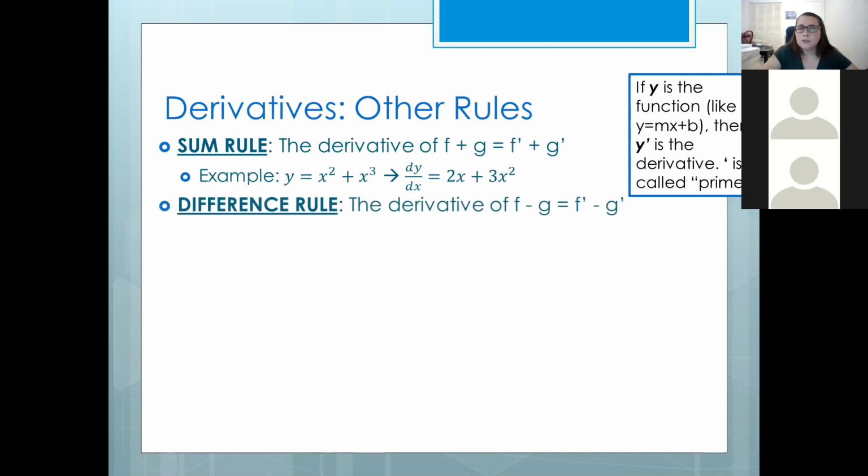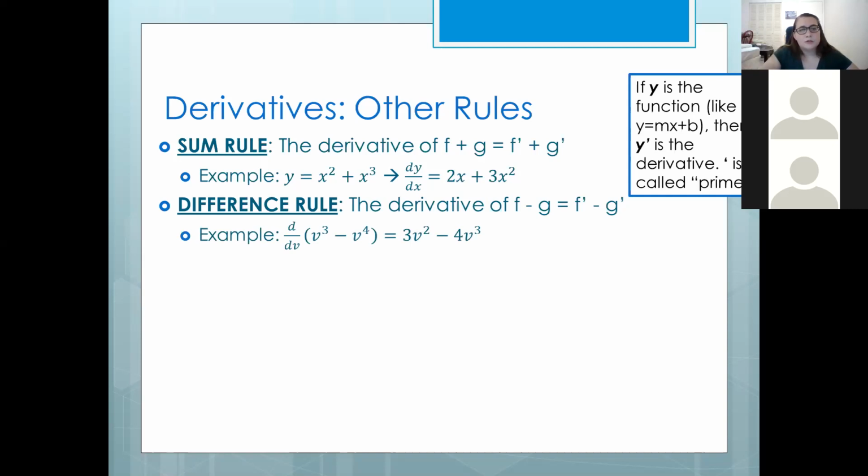A very similar rule is the difference rule. The only difference is we're taking the difference. Instead of adding them together, we're subtracting them. So the derivative of f minus g is the derivative of each piece subtracted from each other. So for example, here's a totally obscure variable v, right?